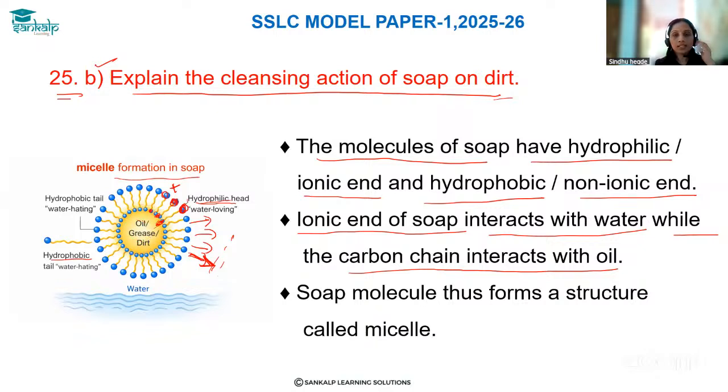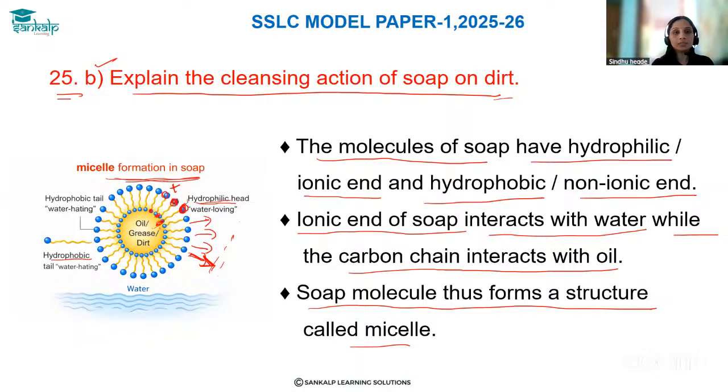First of all, the soap molecule contains two ends, hydrophilic, that is called ionic, and another one is hydrophobic, that is called non-ionic. This ionic end always interacts with water, while the other end interacts with the oil, like this. So the soap molecules thus form a structure called a micelle.